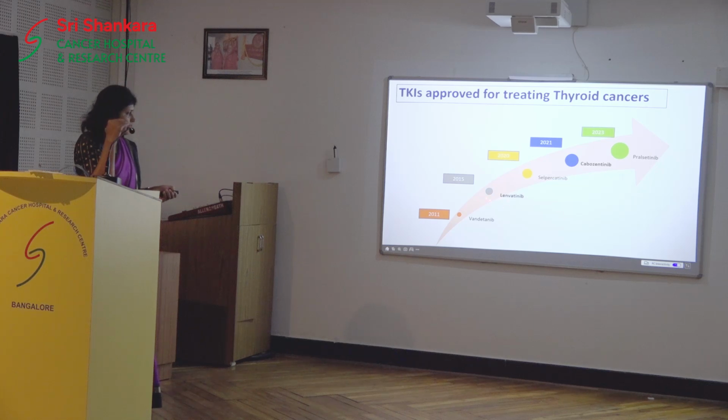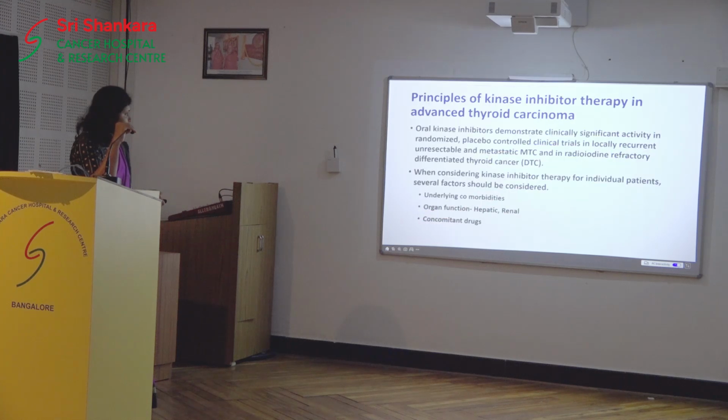Irrespective of availability of NGS testing or the patient affording the newer molecules, we can try this multi-tyrosine kinase inhibitor, lenvatinib. Then in 2020, we saw the RET fusion inhibitor selpercatinib, followed by cabozantinib in 2021 and pralsetinib in 2023. And the rest we have now, there is a role for immunotherapy as well. So those are the different drugs.